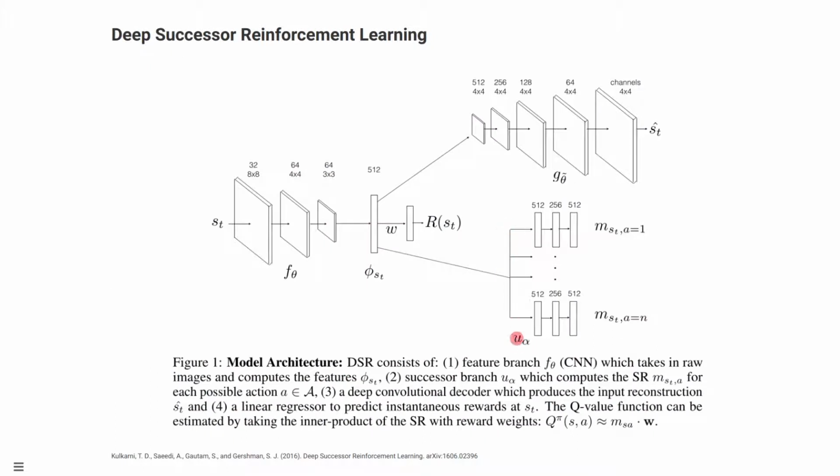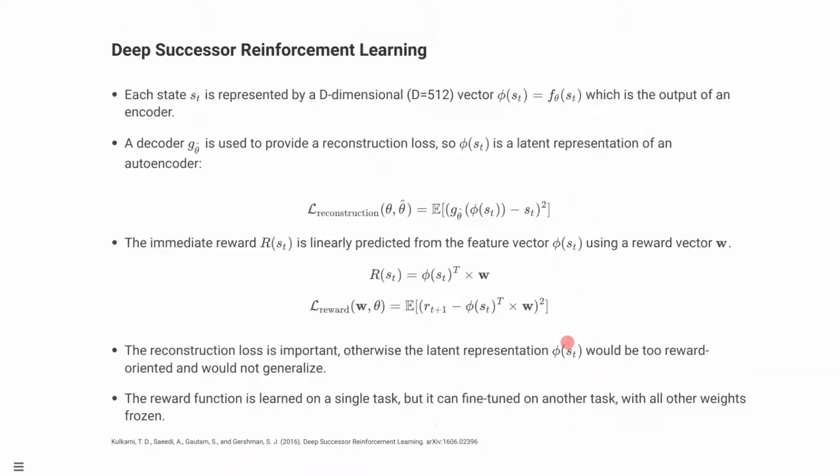It's noted like that. So F theta is your encoder, G theta tilde is the decoder, W are the weights for the rewards, then U alpha is all these different predictions which predict a latent representation after each action.